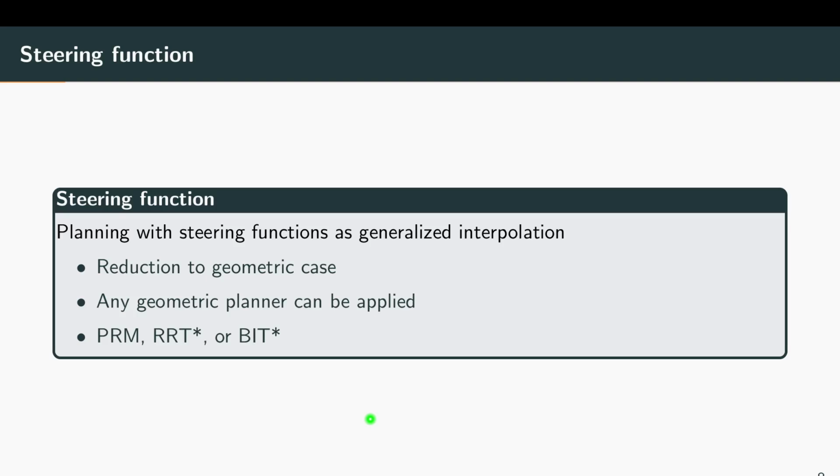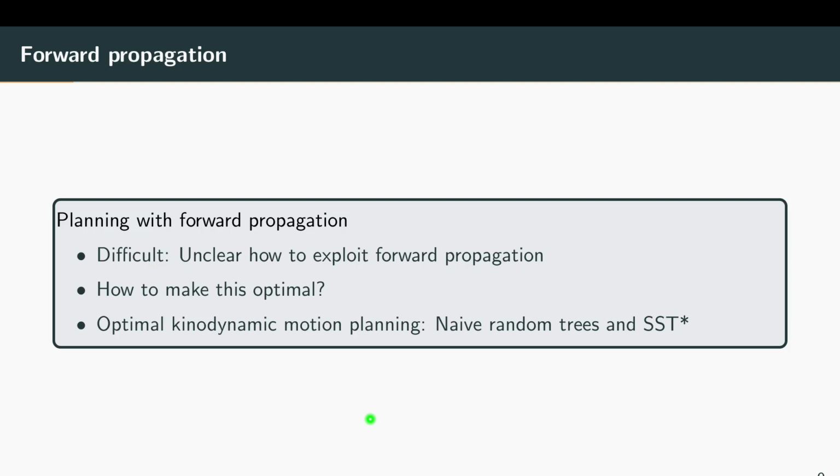And so even things like RRT star with the rewiring would just work, so we would get asymptotic optimality. And indeed, if we have a closed form solution to solve these sort of problems, and the closed form solution is efficient, that is what many people would do. But generically, that's not possible.